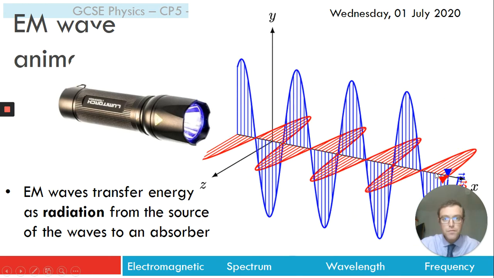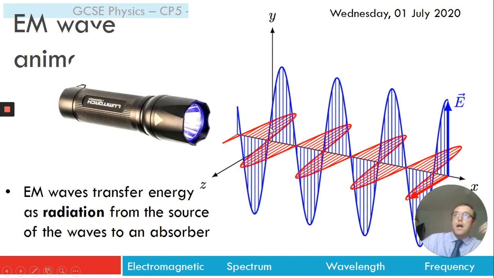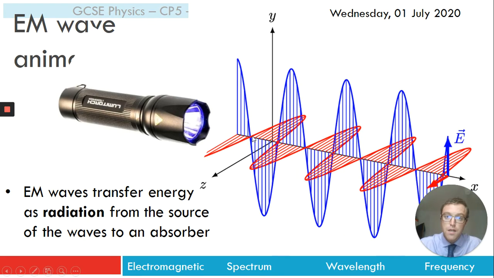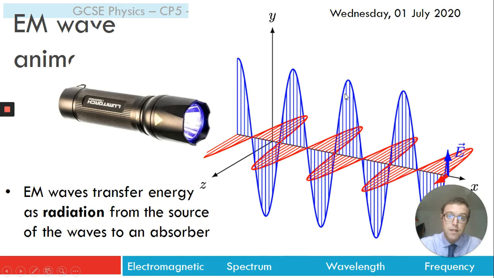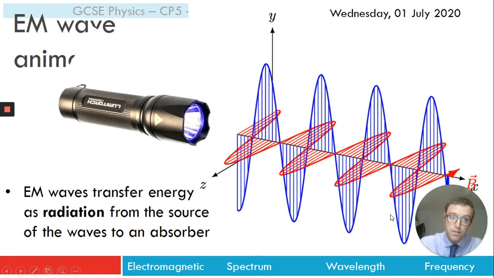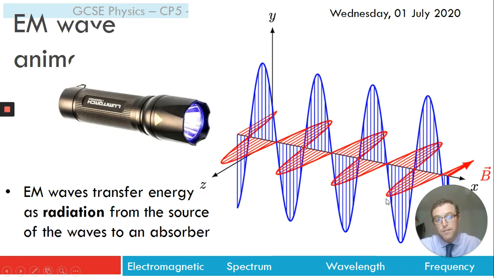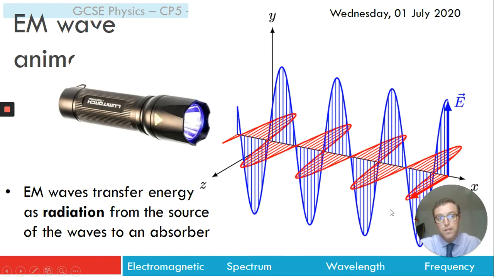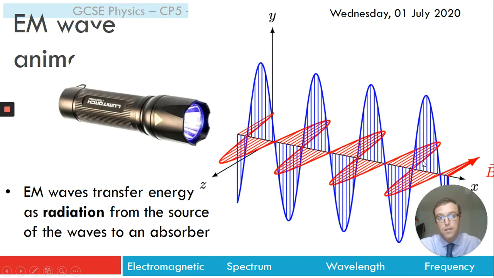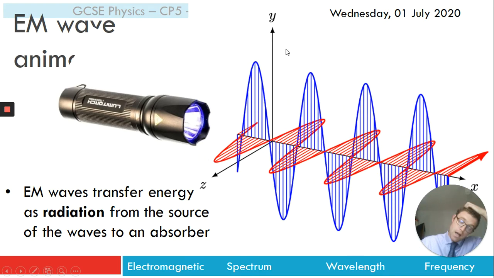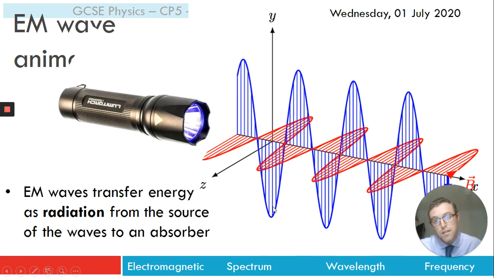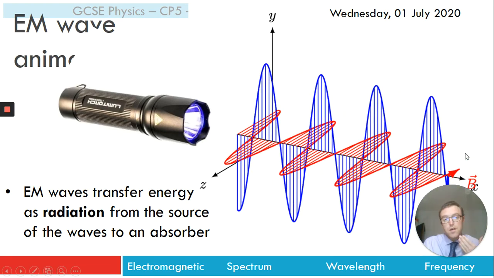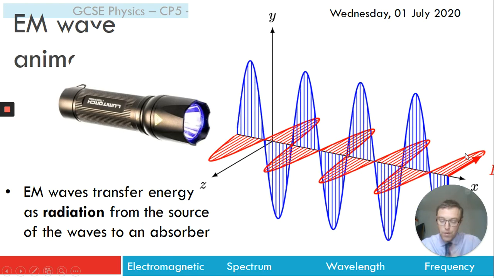We just need to know that, as the name suggests, electromagnetic waves are oscillations in the electric field and the magnetic field. The magnetic field is indicated by this red arrow and the red wave, and the electric field here is indicated by the blue wave. So the waves are at right angles to each other.